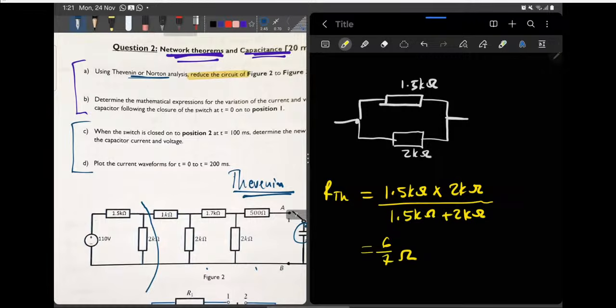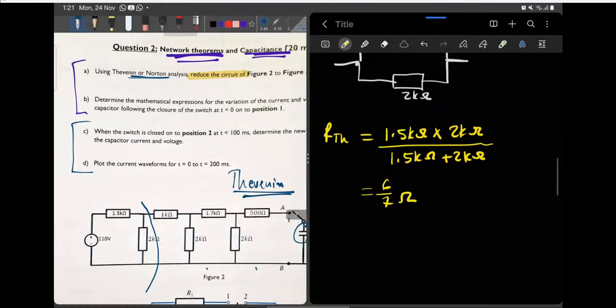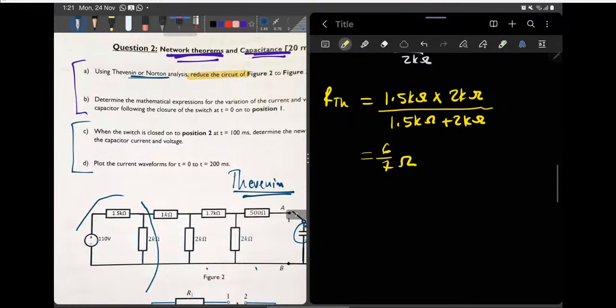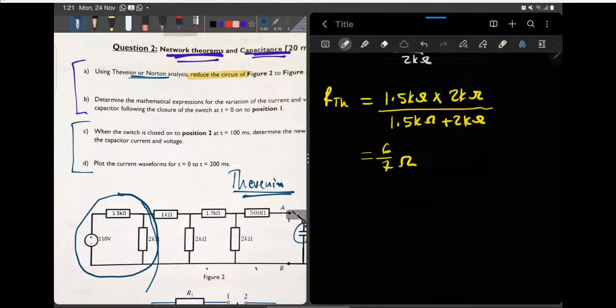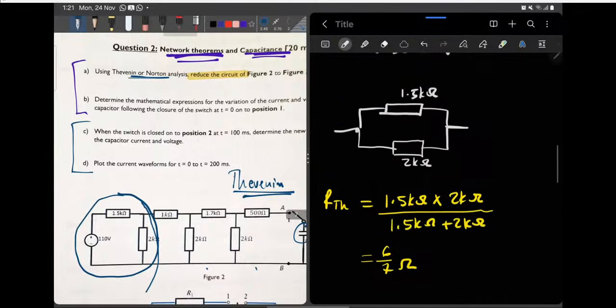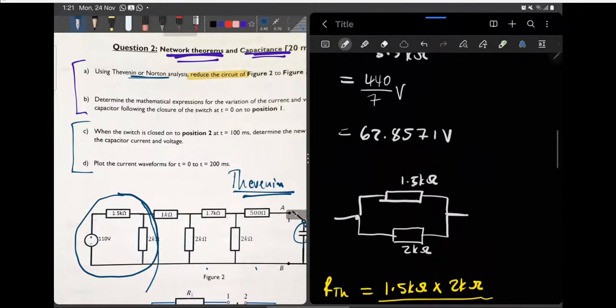So what do we now have? Obviously now we no longer have the big thing. Okay, so now let's remove that first part. We no longer have all this part. Now we are going to replace it by two things, which are the V Thevenin and the R Thevenin, and they'll be in series. So now let's put the two things. We have found our V Thevenin to be 440 over 7.